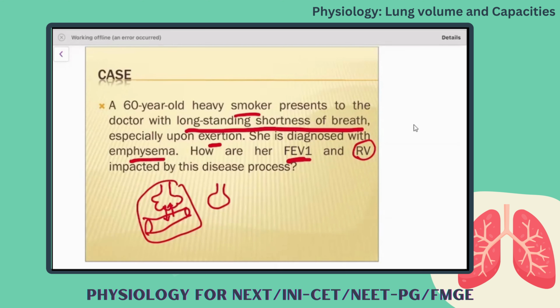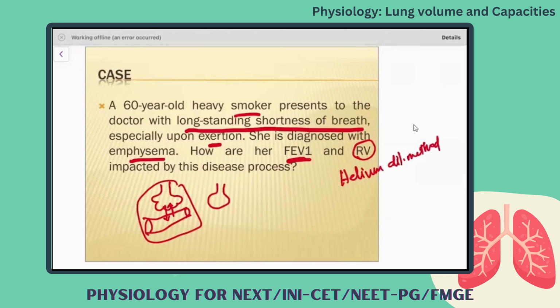And how will you measure the residual volume? Is it possible to measure by spirometry? No. You can use the nitrogen washout method. And there is also one more method, the helium dilution technique. You just note it down under residual volume, lung volumes: helium dilution technique, or helium dilution method.